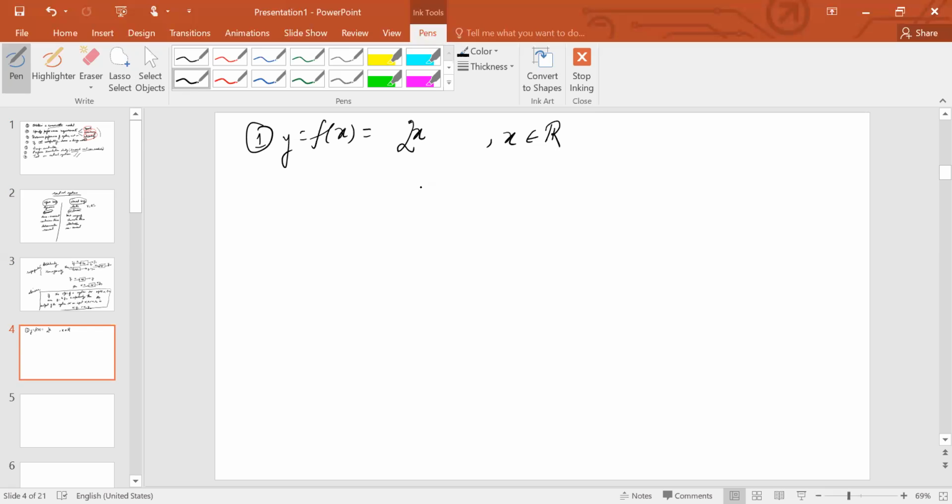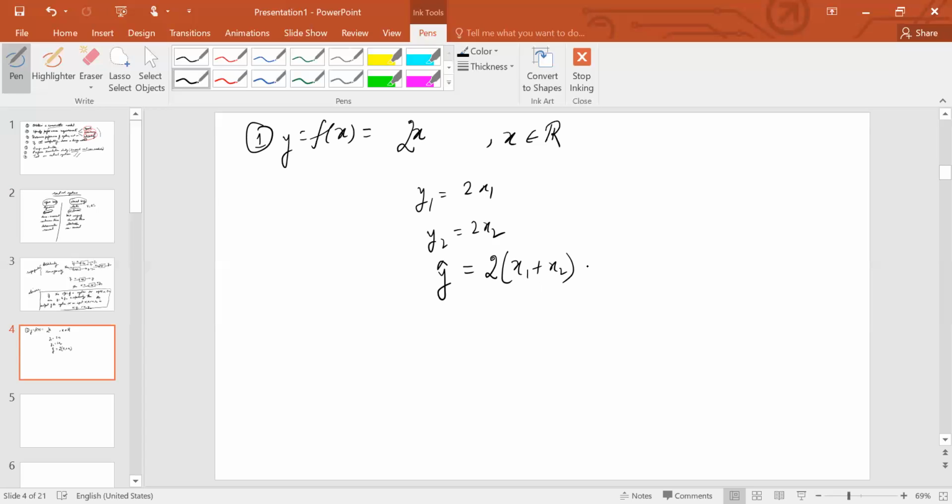So let's say you take y1 is equal to 2x1, y2 is equal to 2x2. So for an input x1, the output is y1. For an input x2, the output is y2. Now, for an input x1 plus x2, the output is going to be this, because now the input is x1 plus x2.